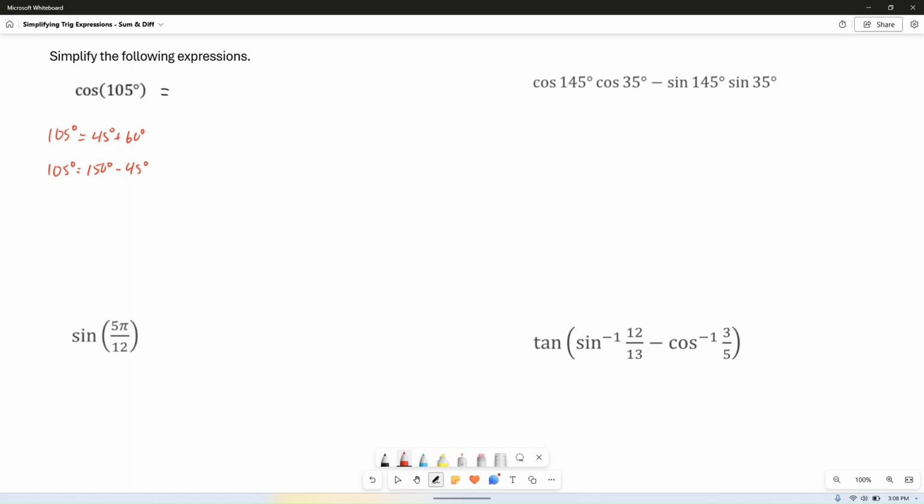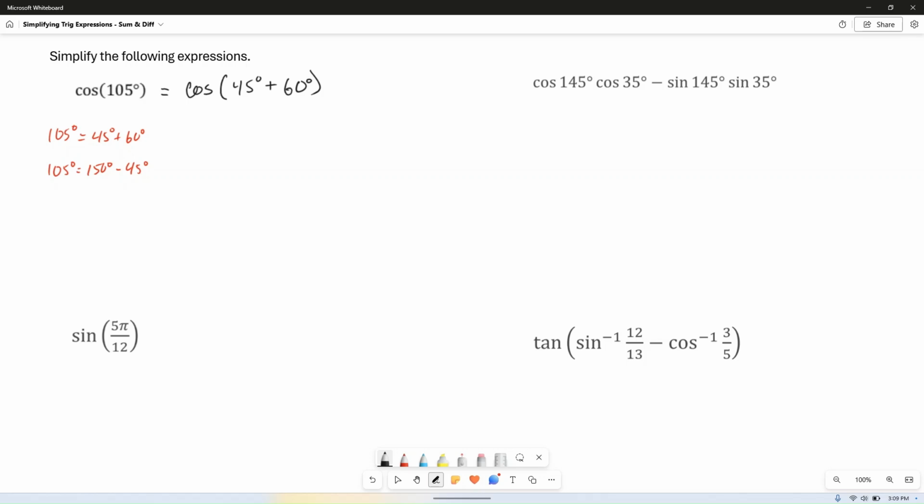Since both 45 and 60 are unit circle values in the first quadrant, let's go ahead and just do that. I'm going to rewrite the cosine of 105 degrees as the cosine of 45 degrees plus 60 degrees. Both the 45 and the 60 are still in the same cosine expression.